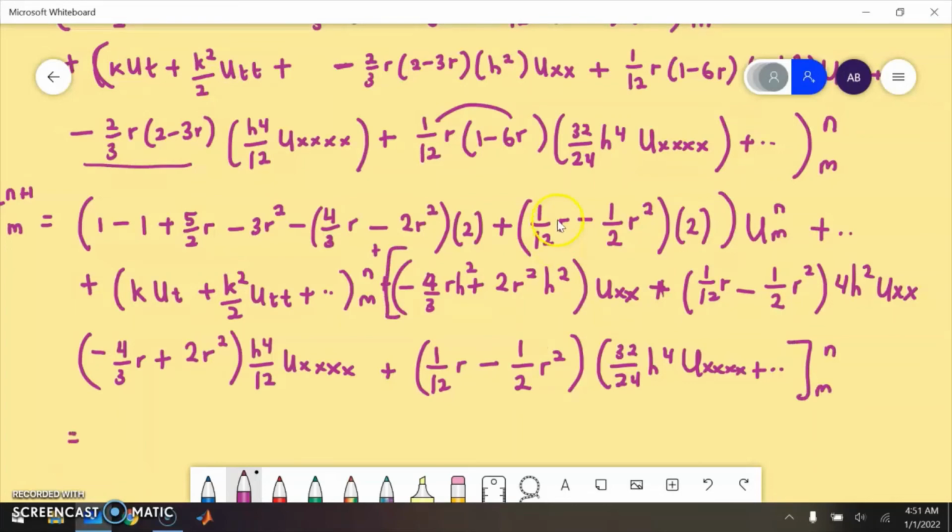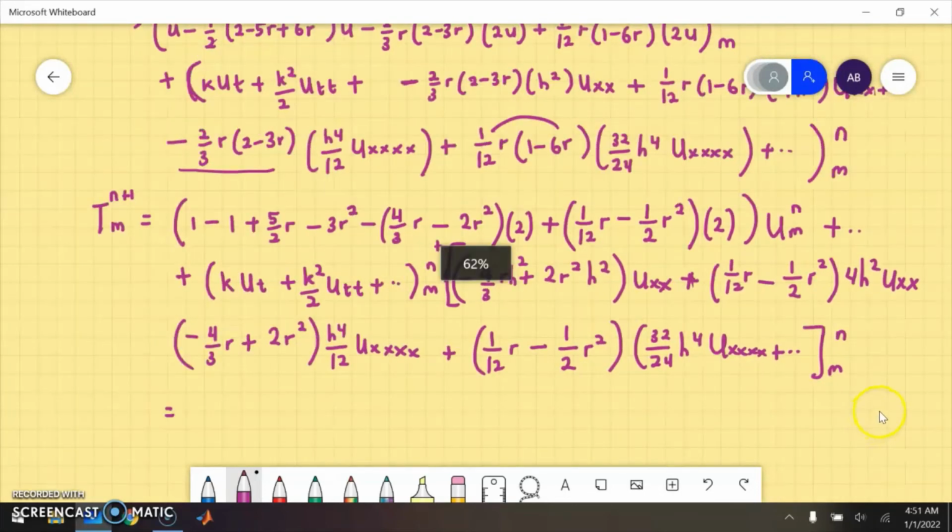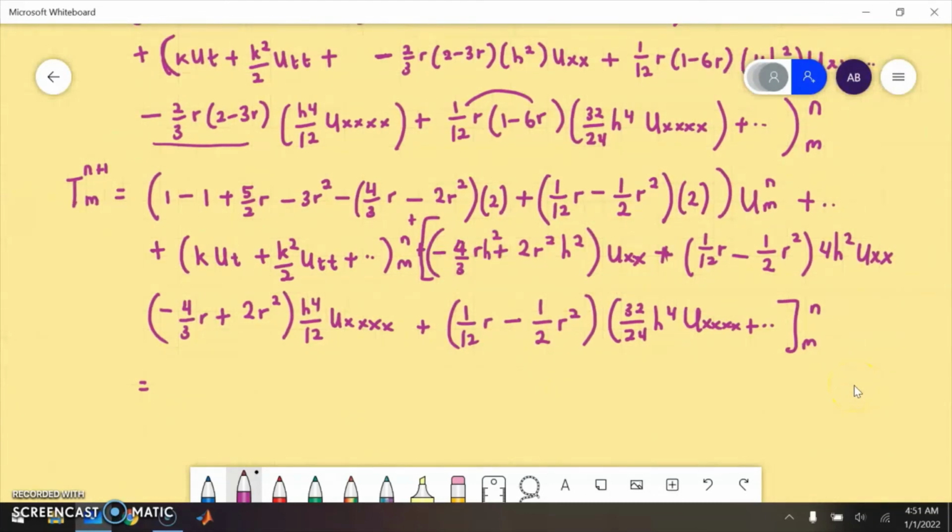Okay, I gotta tidy up some of my terms here. So let's be careful and see whatever cancels out. This and this cancel out. Now we have this. So we have 5/(2r) minus 3r². 2 times 4 is minus 8/(3r) plus 2 times 2 is 4r² plus 2 times 12.